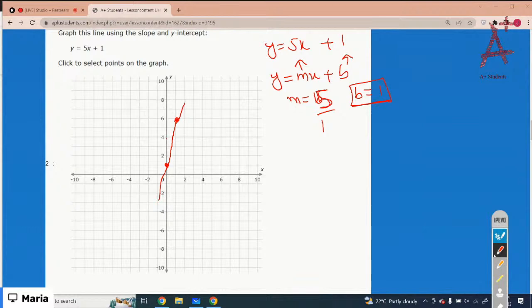Okay, let's see if you are given the graph, how can you write the equation from the graph? Got it?